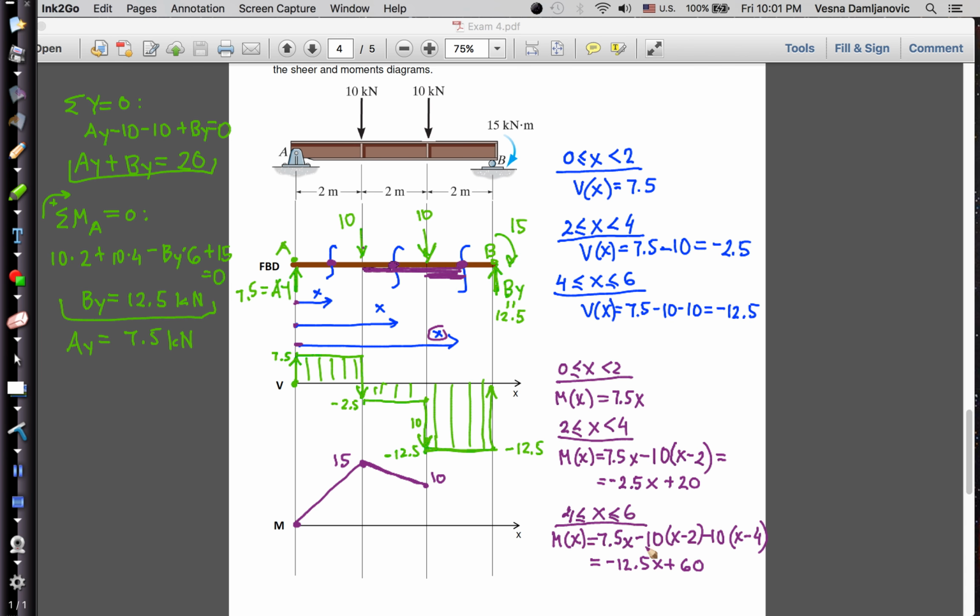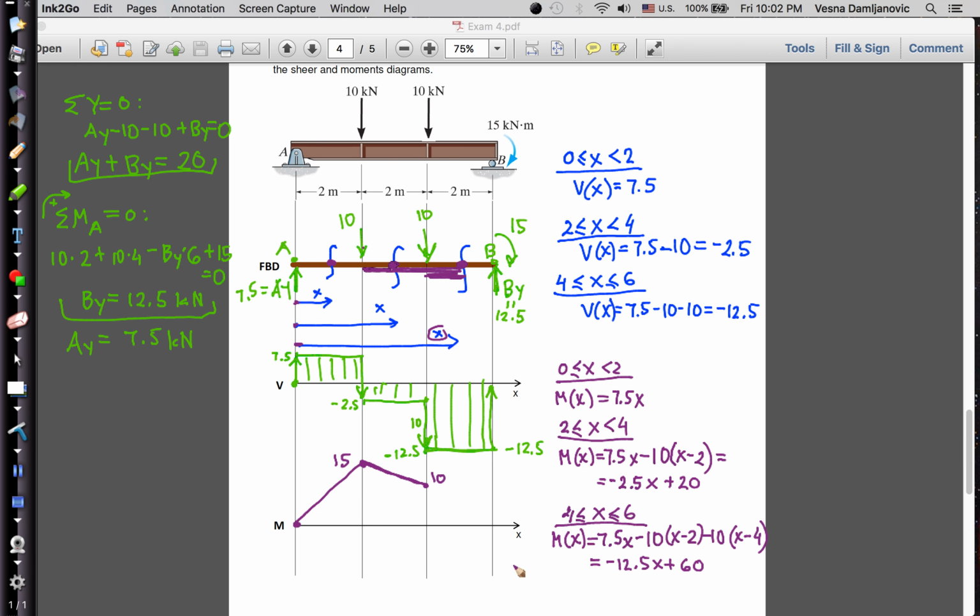And then 6 times minus 12.5: 6 times 12 is 72, 0.5 times 6 is 3, so 75. Minus 75 plus 60 is minus 15.